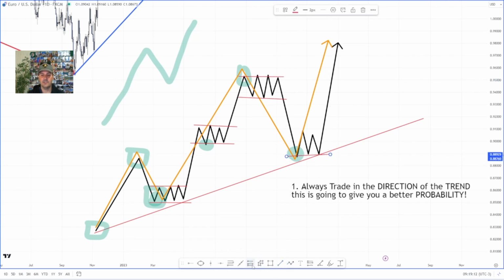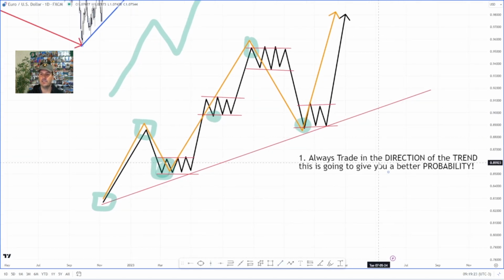Agreed? Those are consolidations. Okay, and now moving forward, this lesson is the continuation of the previous lesson. Why is going in the direction of the trend going to give you a better probability?